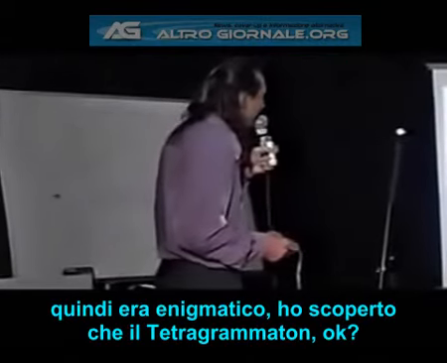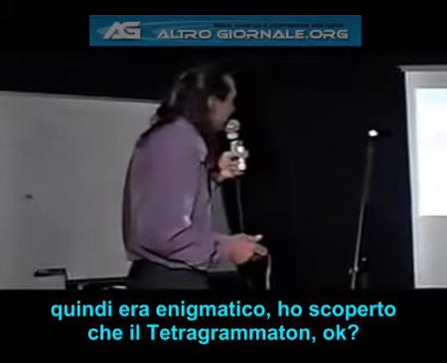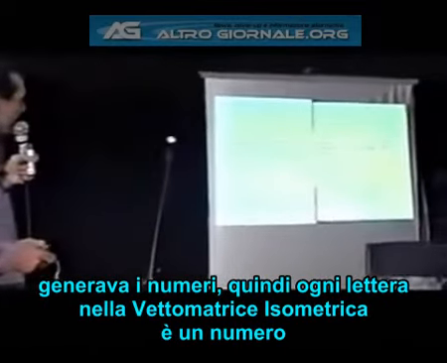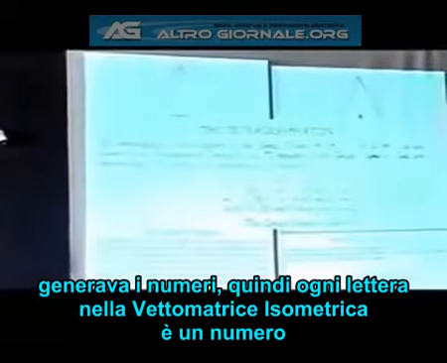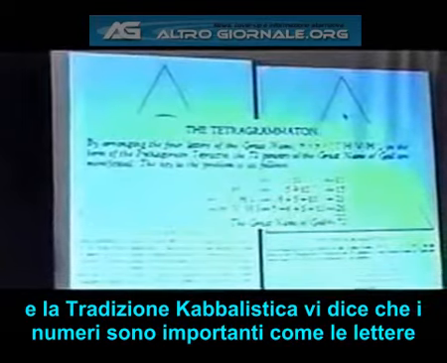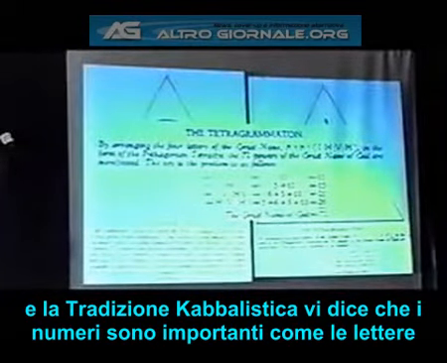So I was puzzled with this. I found that the tetragrammaton was actually generating the numbers. So each letter in the isotropic vector matrix is a number. And the Kabbalistic tradition tells you that the numbers are just as important as the letters.